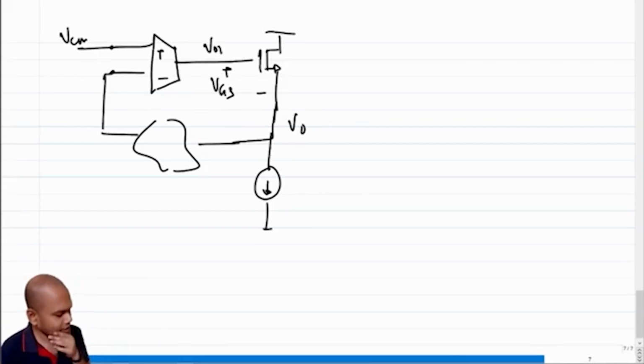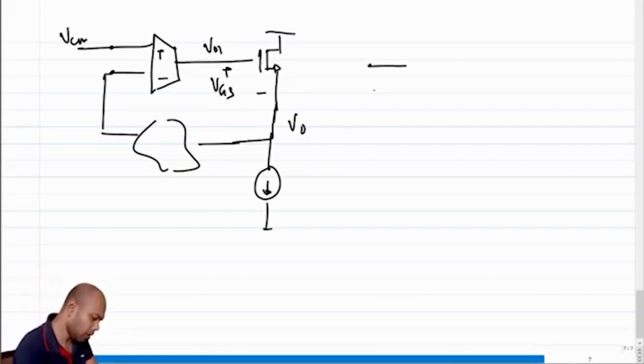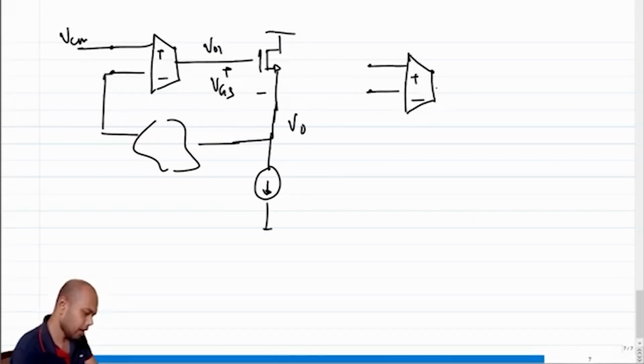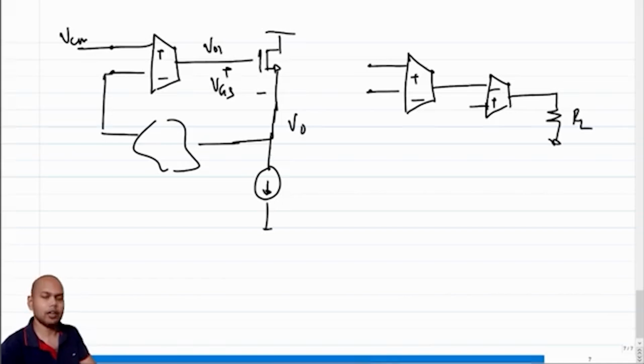But what if we say that we will not use a common drain buffer, we'll use a second stage common source amplifier? What I am essentially saying is, what if we do this block diagrammatically? Let's say we have one amplifier and we cascade it with another amplifier, and then drive an RL. Then what happens?